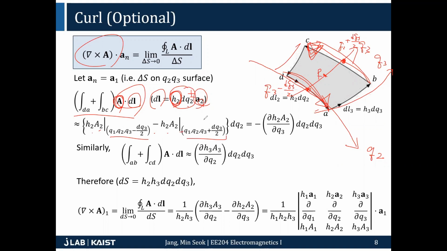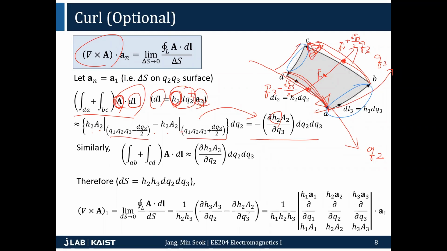Now you reduce this into differential form, and here also you cannot take H2 out. Then you do a similar job for the other two line segments, and add them up.